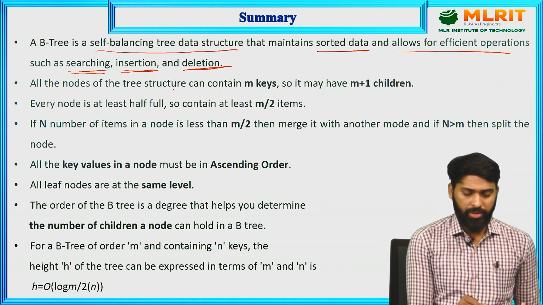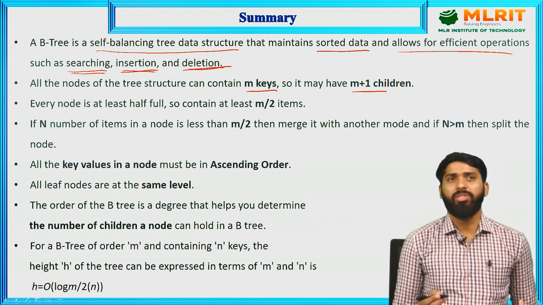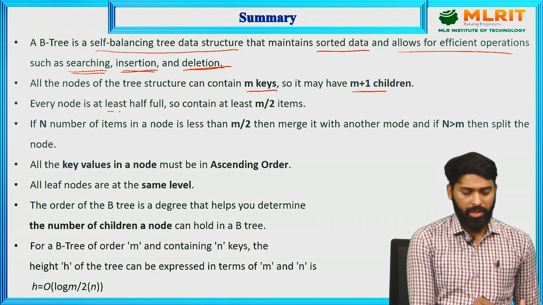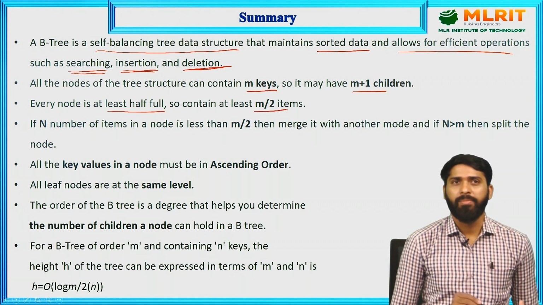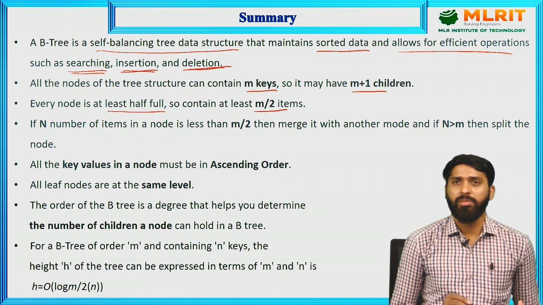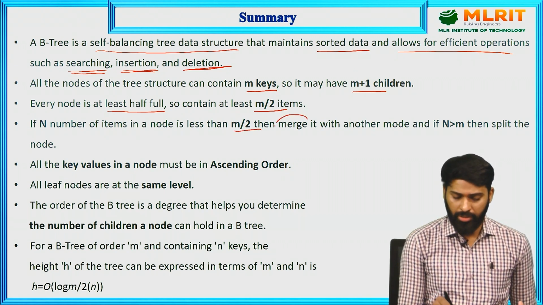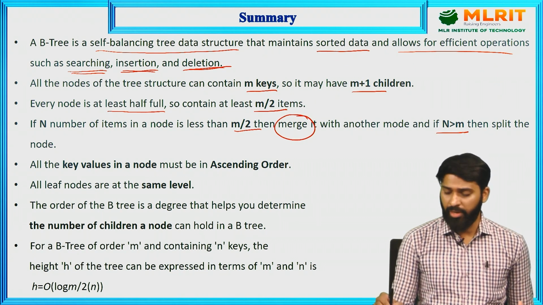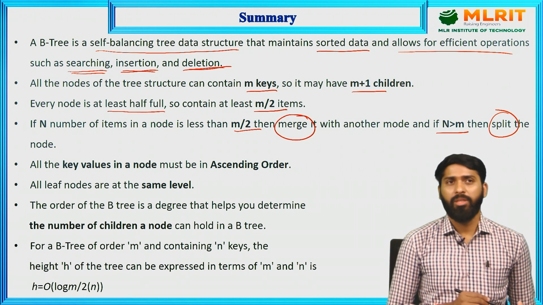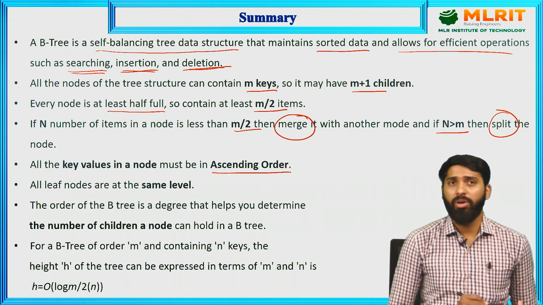All the nodes of the tree structure can contain m keys, so m plus 1 children. Every node is at least half full, so at least m by 2 items. If the number of items in a node is less than m by 2, then merge. If n is greater than m, then split the node. All the key values in a node must be in ascending order.